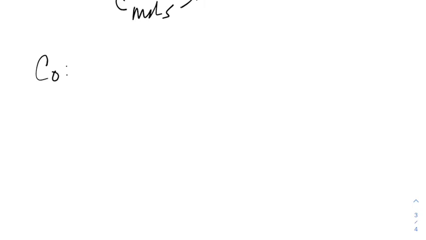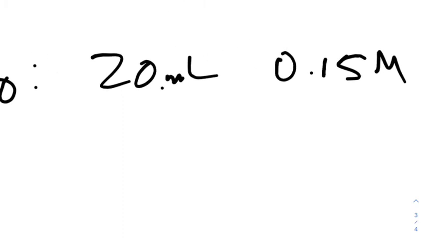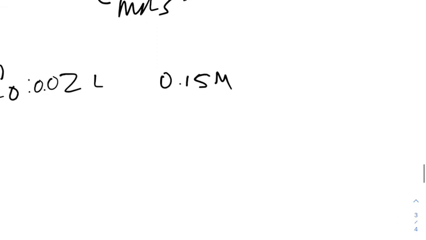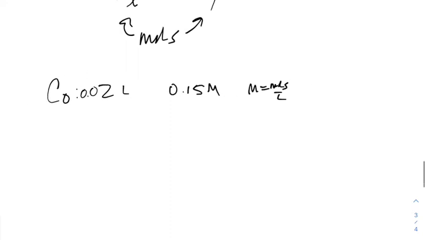So for the cobalt, I have 20 milliliters of 0.15 molarity. If I know milliliters and molarity, then I know liters and molarity, so I know moles. So I'm going to take these milliliters and convert to 0.02 liters. So this is 0.02 liters at 0.15 molarity. Remember that molarity is equal to moles per liter.